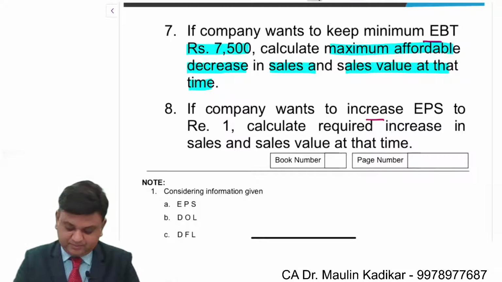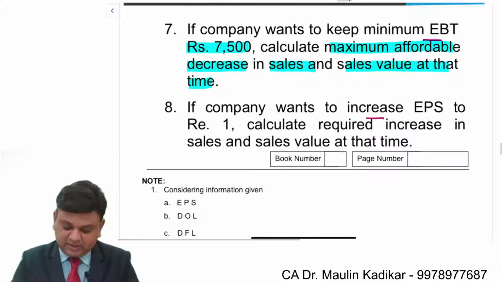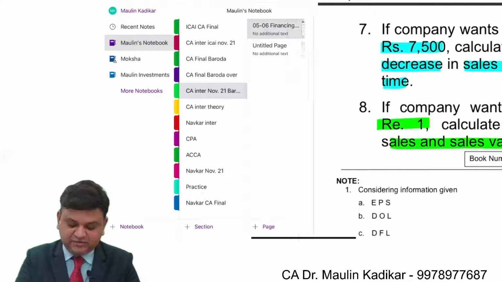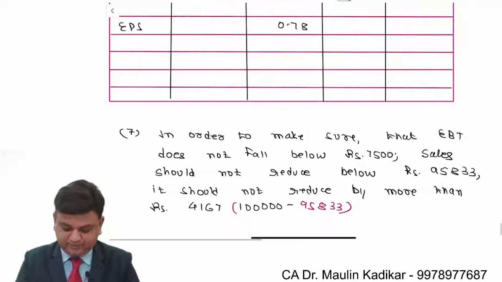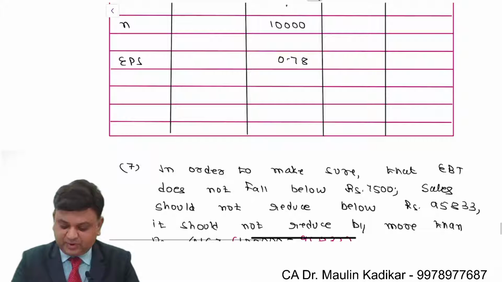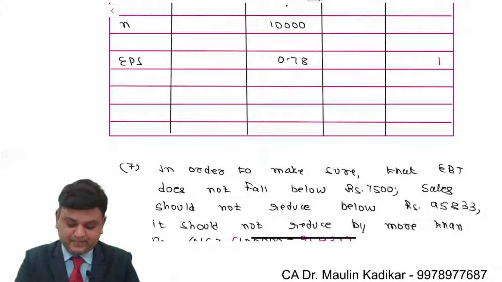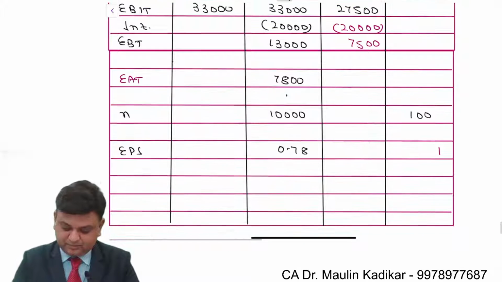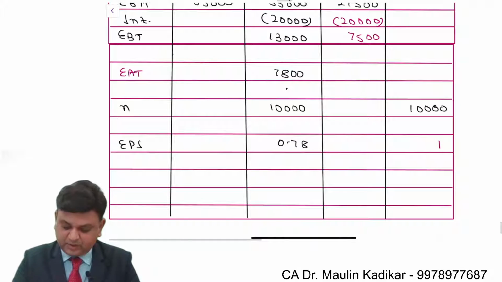8th question. If the company wants to increase the EPS to rupee 1, calculate the required increase in the sales and value of sales at that time. So EPS is rupee 1. Number of equity shares are 10,000. So earning after taxes is 10,000.